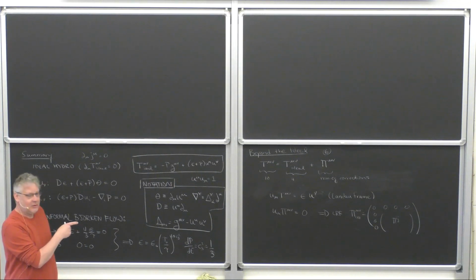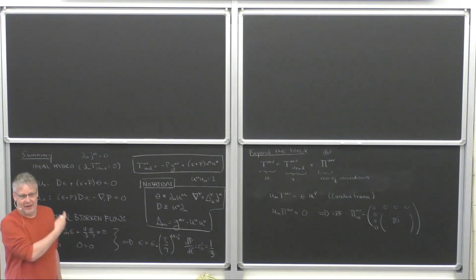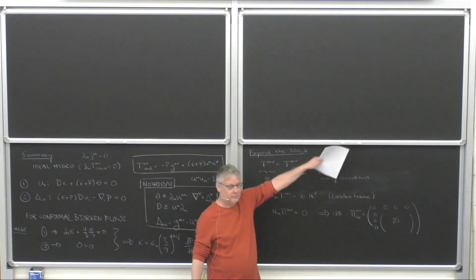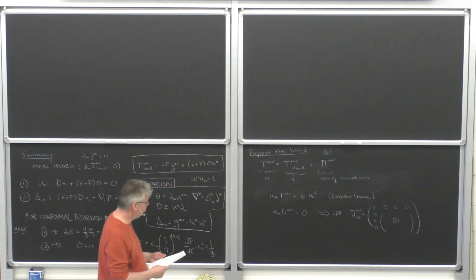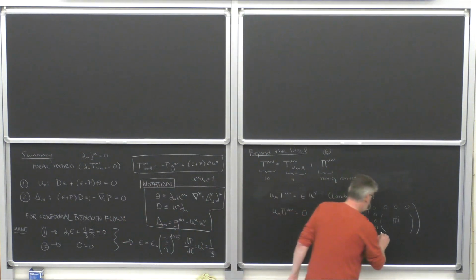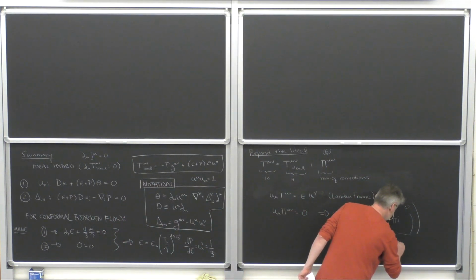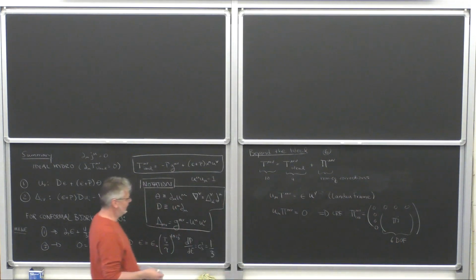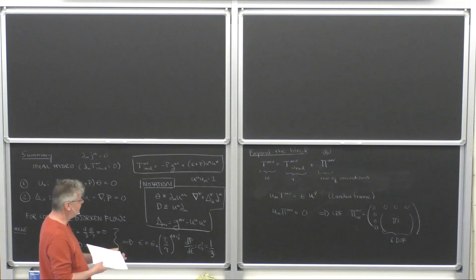But that space-like rank 3 tensor has to be symmetric, therefore it has 6 independent components. So that's where this 6 comes from up here. Good, so now we have all the counting complete.